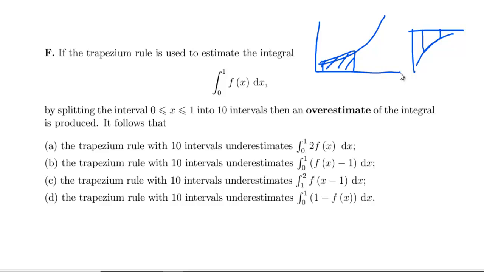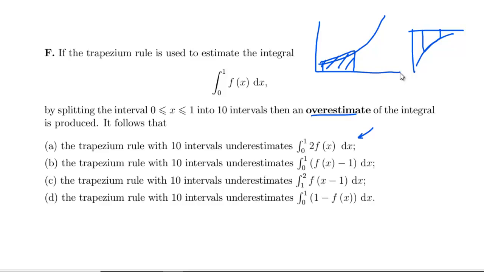So for A, these are all for underestimates. We need to do something to this function. We've got 4 transformations here, and we need to go from an overestimate to an underestimate. Well, it can't be the first one. That is just a stretch, so we don't even have to think about going from above the axis to below the axis.